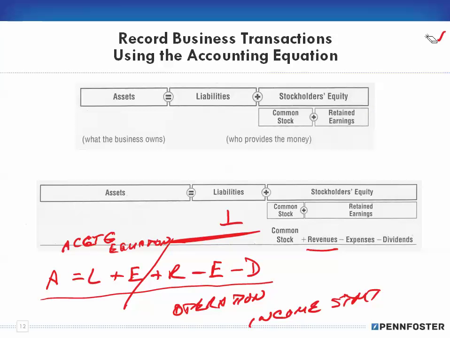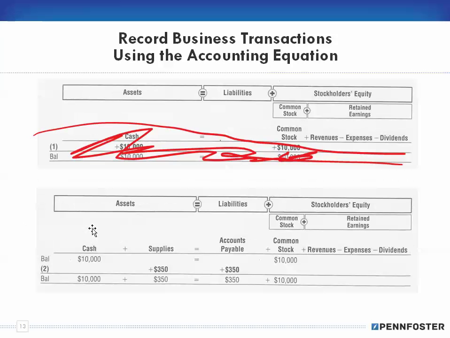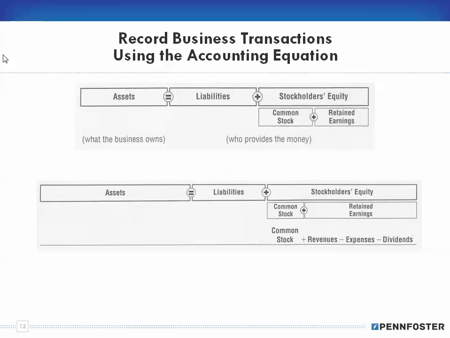Okay, that's what we have here at the bottom of the screen, right? Our extended accounting equation. And again, the book presents it one way, and I'm trying to present it in a different way. Hopefully it makes a little bit more sense to you. We'll just go from there.